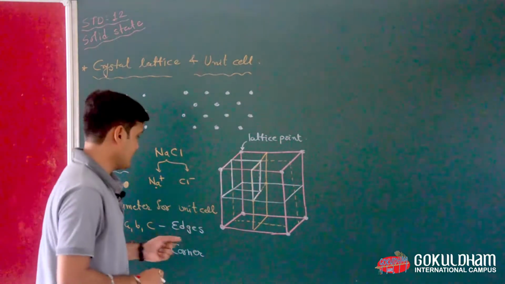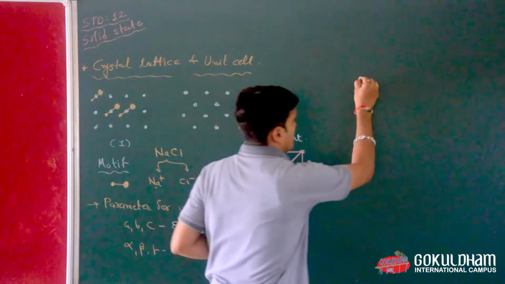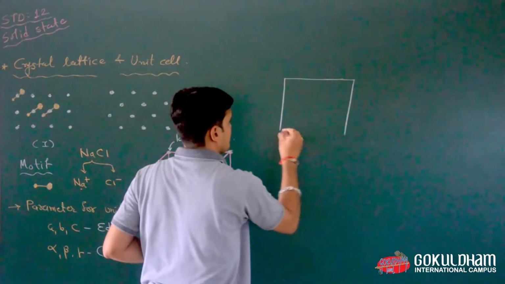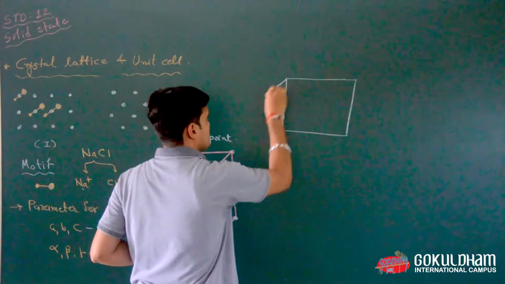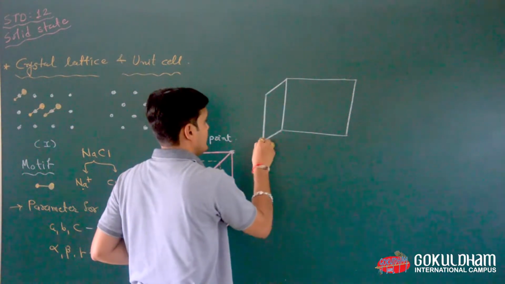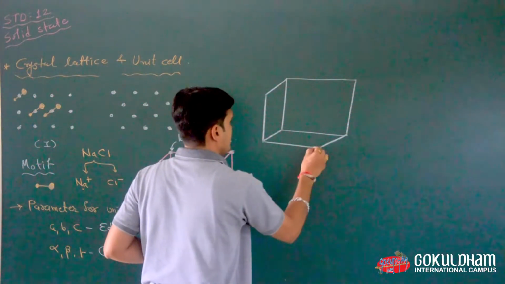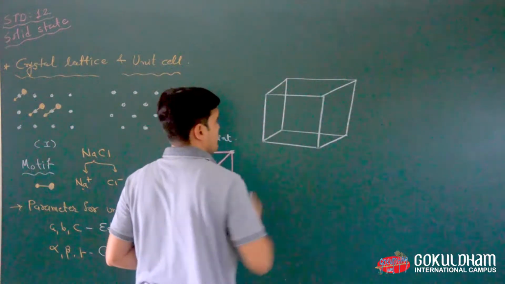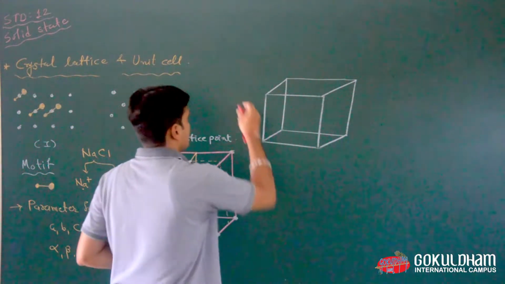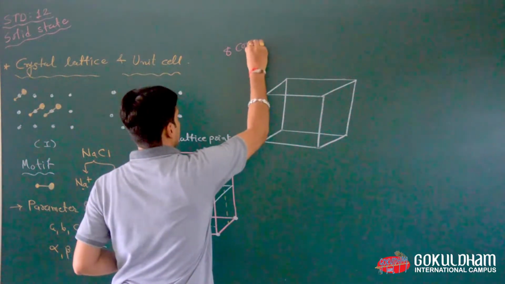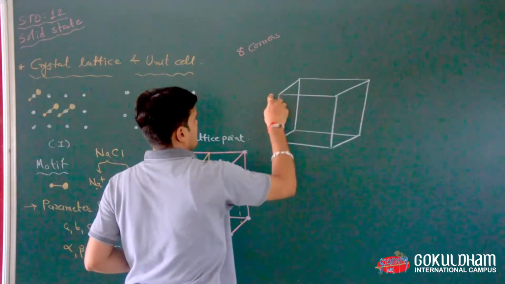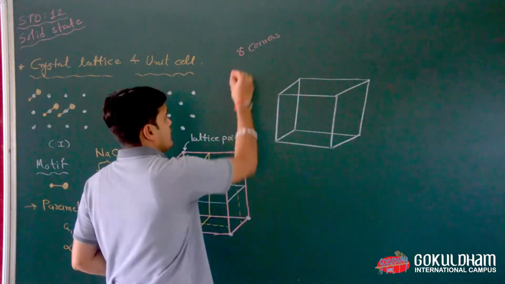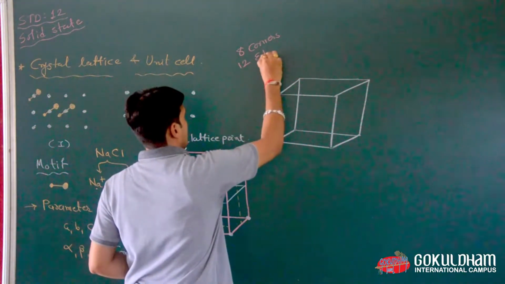Before we go into detail, you must know the basics of this simple cell. How many corners, faces and edges are present in this simple cubic cell? Keep in mind that there are 8 corners, 2, 4, 6, 8, and 12 edges.